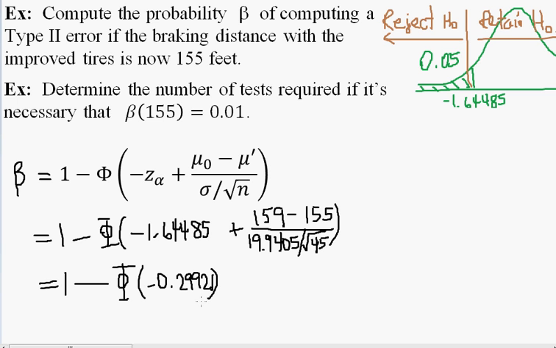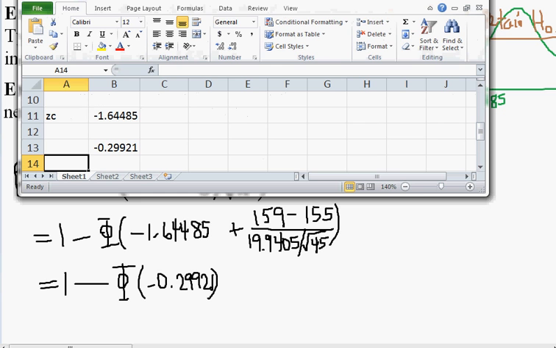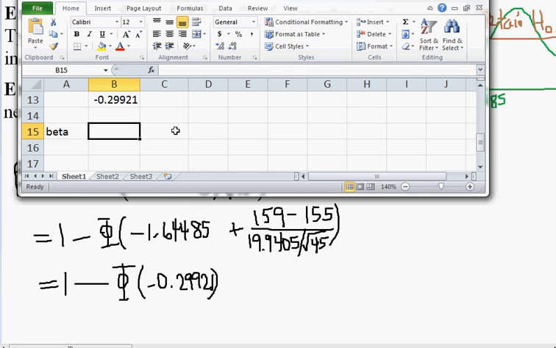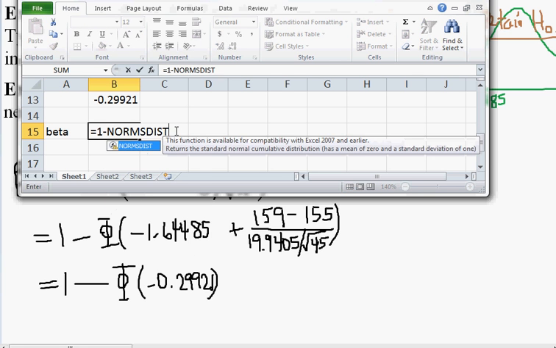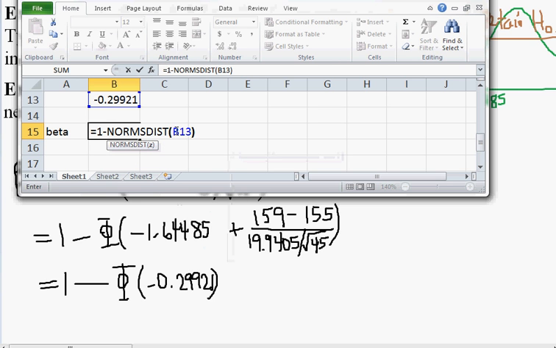So that's the area to the right of negative 0.29921, and so we can find that with Excel. So beta will be equal to 1 minus norm s dist of the number we just got. Using a TI calculator, you can find the area between negative 0.29921 and plus infinity, or 10 to the 99.